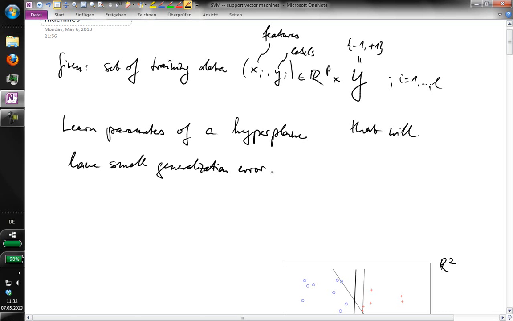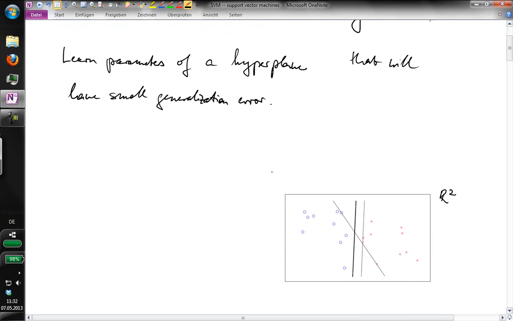And I'm going to use this Eulerian form of representing a hyperplane. So let's say the origin of the coordinate system is here. Then I can represent a hyperplane. So in 2D it's a line, in 3D it's a plane, in 4 and higher D we call it a hyperplane.